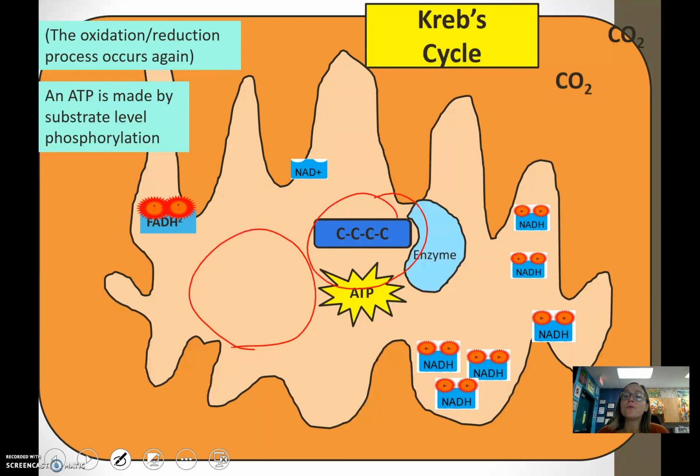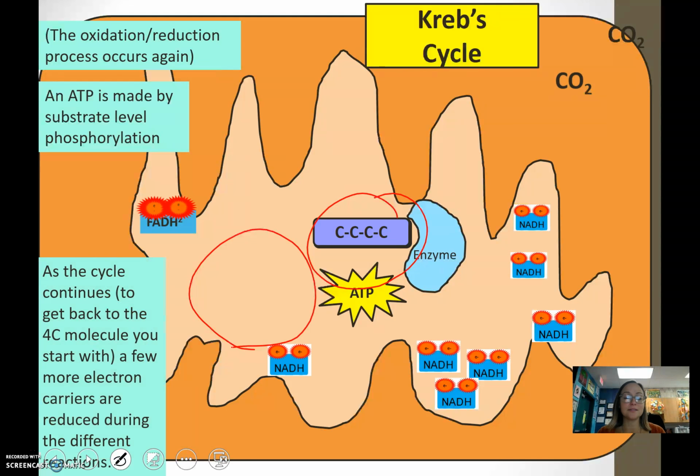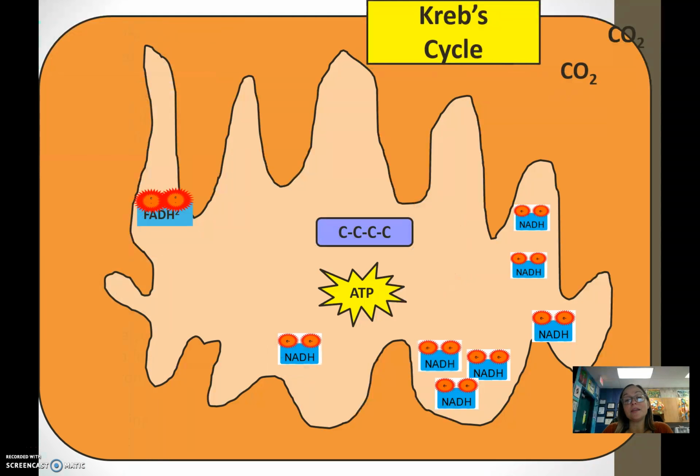And then there's one more electron carrier, NAD+, that will be reduced in the process of converting that 4-carbon molecule back to oxaloacetate. So here we have our 4-carbon oxaloacetate that we can then begin the Krebs cycle all over again.